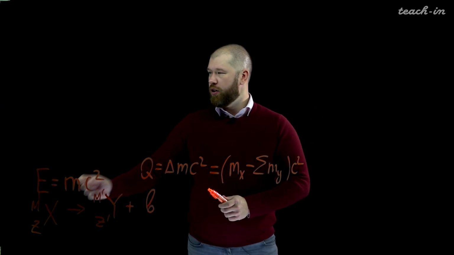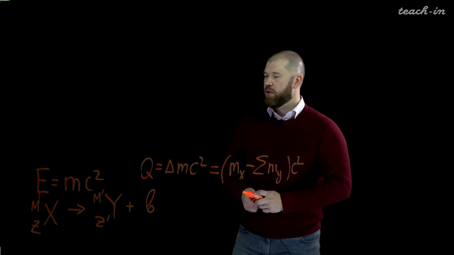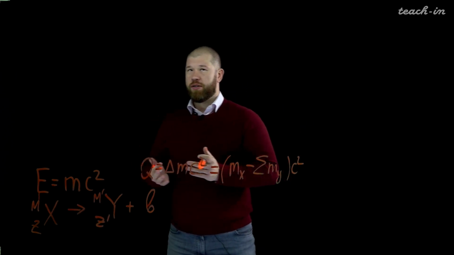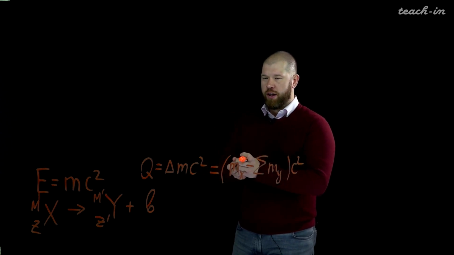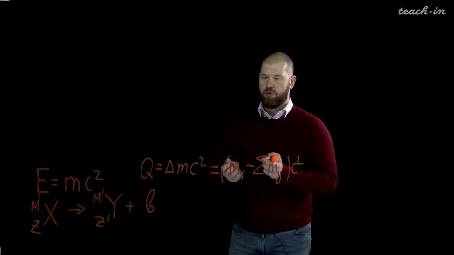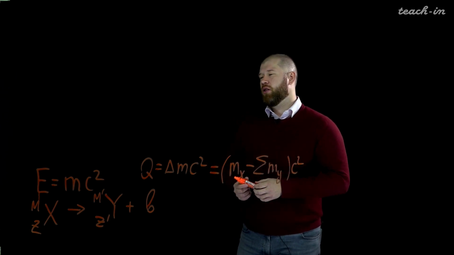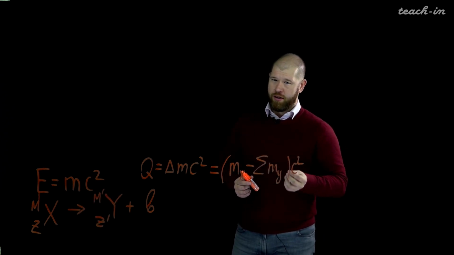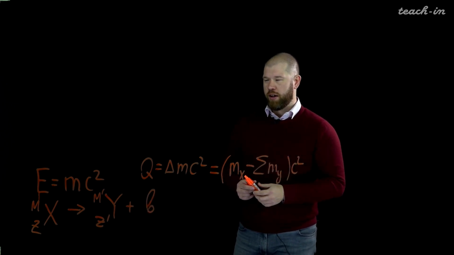From this equation, E equal to mc squared, we can recalculate the masses to energy. So as far as we are talking about nuclear decay, and decay is related to a single nucleus or to a single atom, it is more convenient, more useful to speak about the masses of single atoms and the energy that is released during decay of the single atoms.